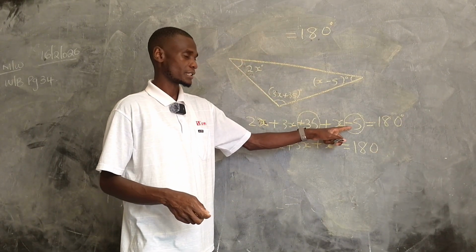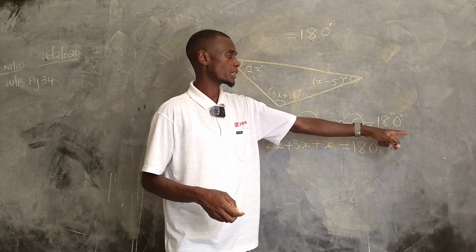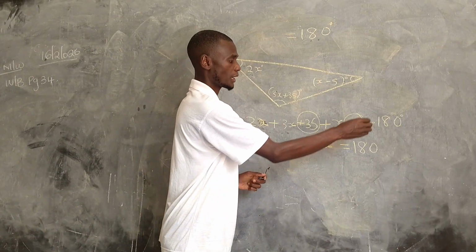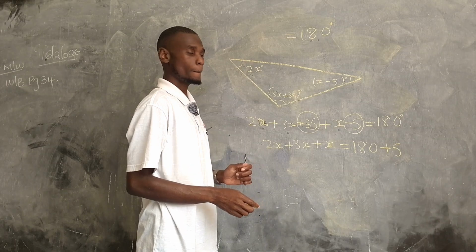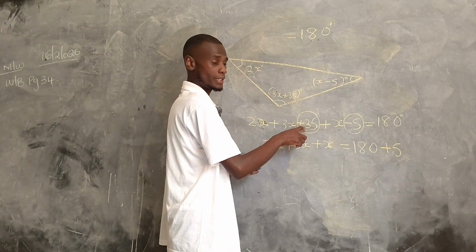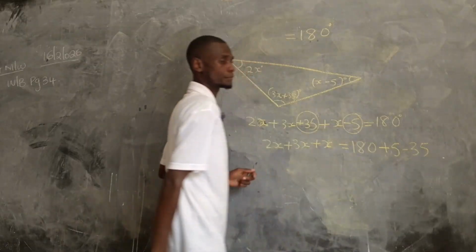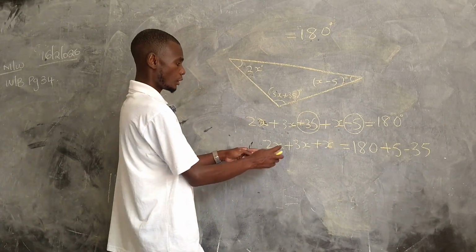So remember, this is a negative, and we said if a negative crosses an equal sign and goes to the other side, it becomes a positive. So if this is minus 5, if it crosses to this side, it should be plus 5. Then this one is plus; if it crosses to the other side, it should be minus 35. So from there, let us solve. All these are additions.